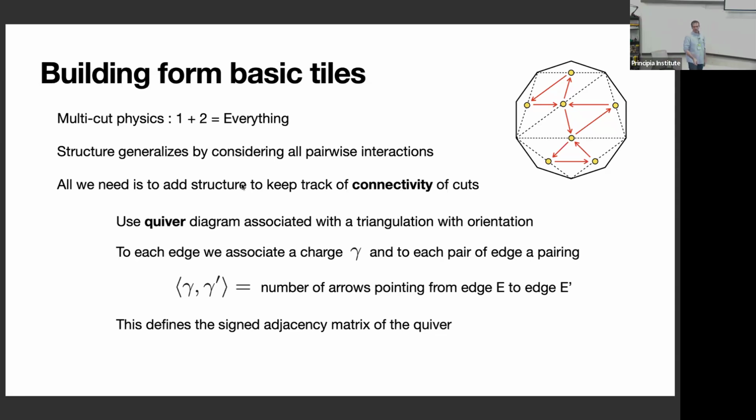And then we define an antisymmetric pairing on it, which is given by this angle bracket, which is just counting geometrically the number of arrows which are connecting each edge to each other. Okay. So this just defines some information about adjacency, or more precisely sign adjacency of the quiver, which we need to know who is interacting with who and in which order.